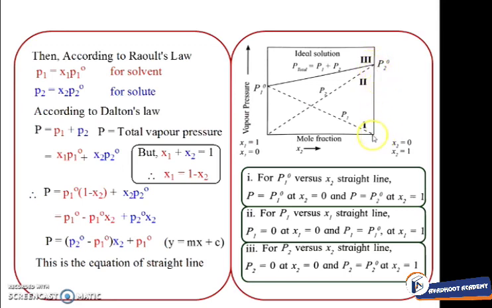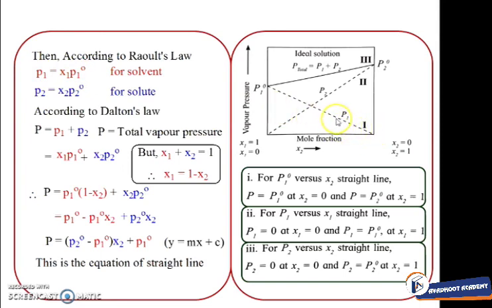Now consider this point. At this point x1, that is the mole fraction of A1, is 0, and therefore P1 is equal to 0 as per the first formula. So x1 is equal to 0, this entire term becomes 0, and therefore P1 is equal to 0 at this point.